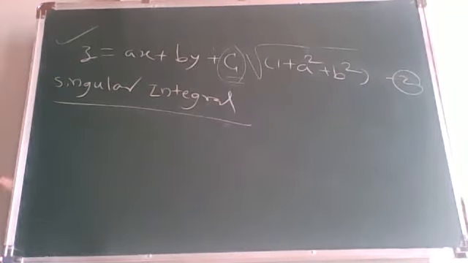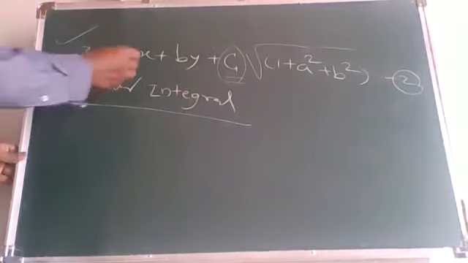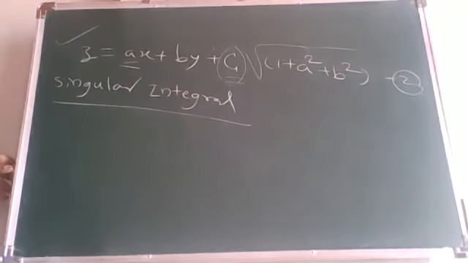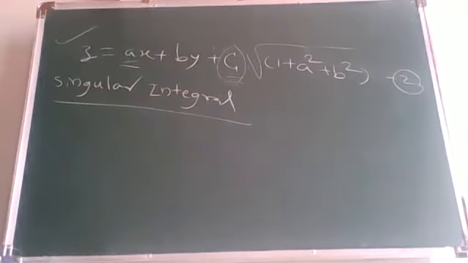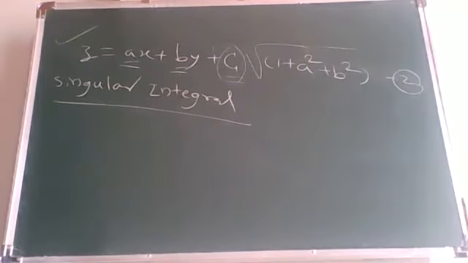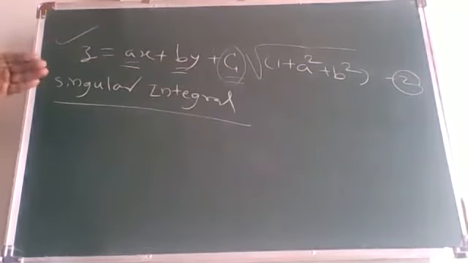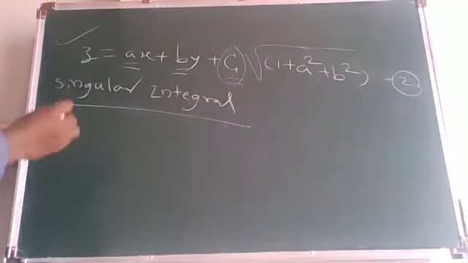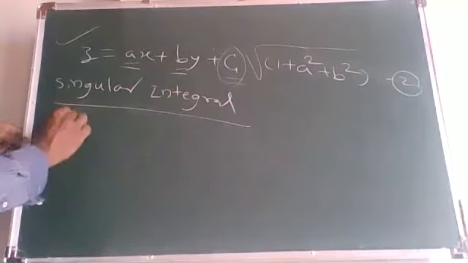See the formula for the singular integral: differentiate equation 2 partially with respect to one arbitrary constant A, and next differentiate equation 2 partially with respect to the other arbitrary constant B. Obtain the two equations, eliminate A and B from equation 2 and these two equations, and we get the required singular integral. Tell me what the derivative is.